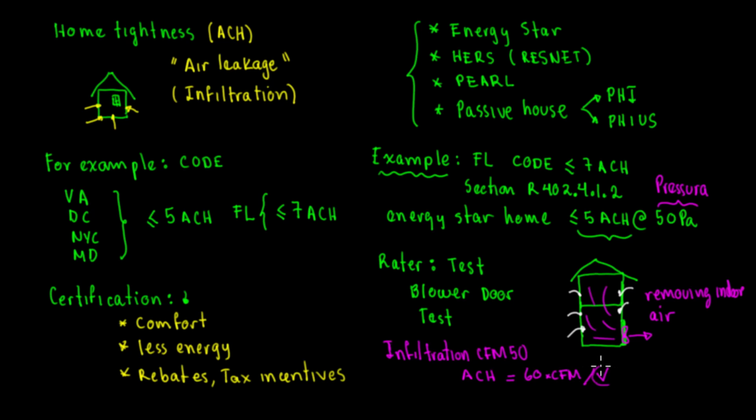Pretty much you have the volume of the house, because you can easily have the square feet area and you have the height. So if you have the square feet and the height, you have the volume. Now, if you obtain the CFM at 50 pascals, then you're going to be able to have the ACH.